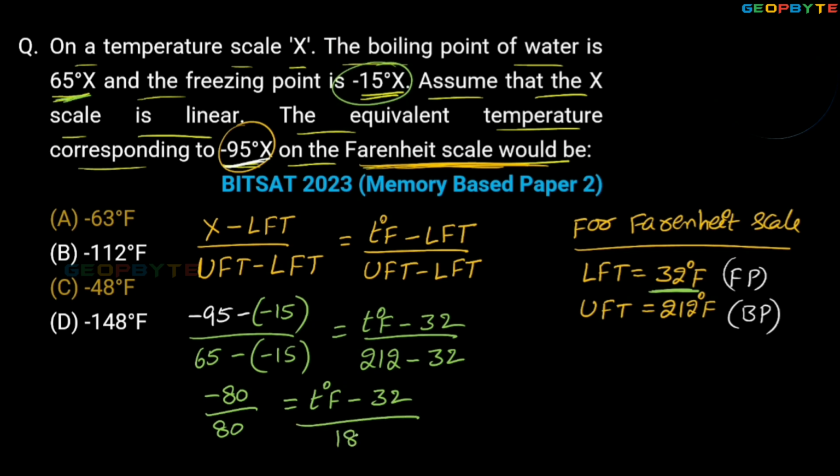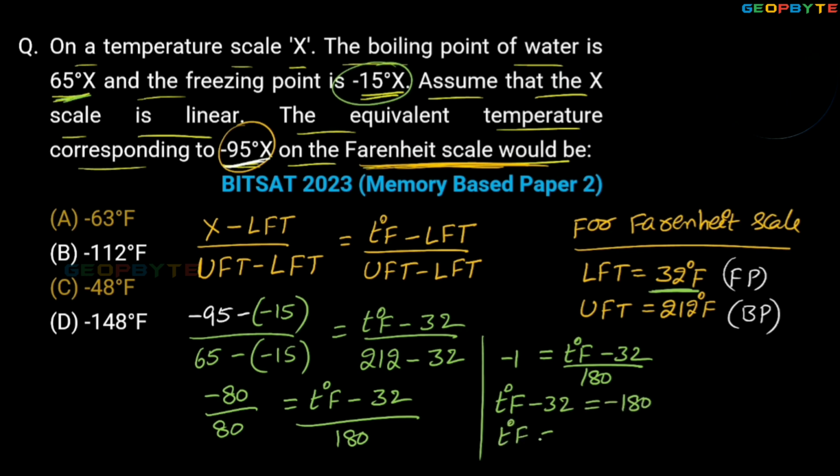That is minus 80 divided by 80, which is minus 1, equal to reading minus 32 divided by 180. So reading minus 32 equal to minus 180. Reading in Fahrenheit equal to minus 180 plus 32, since minus 32 becomes plus 32 on the other side. That is minus 148 degree Fahrenheit. Look at option D. Option D is absolutely correct.